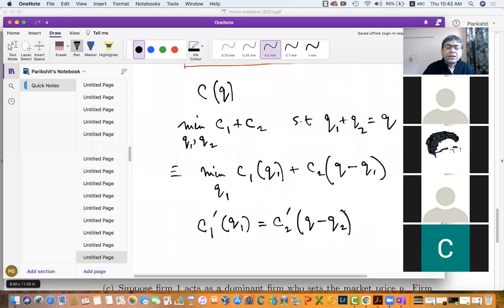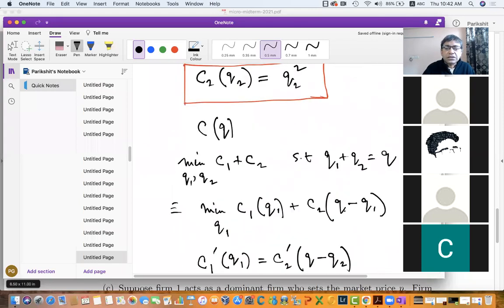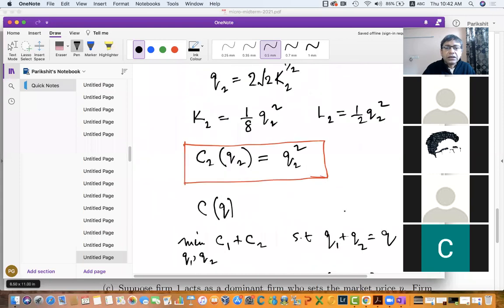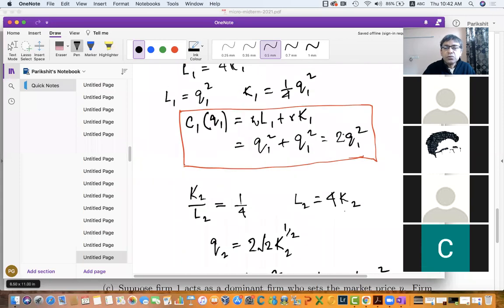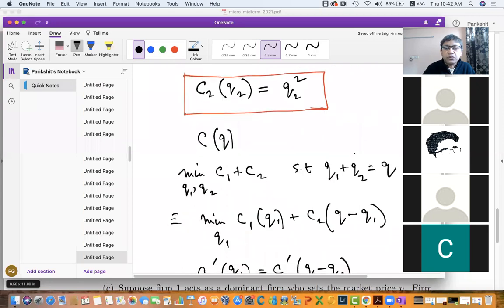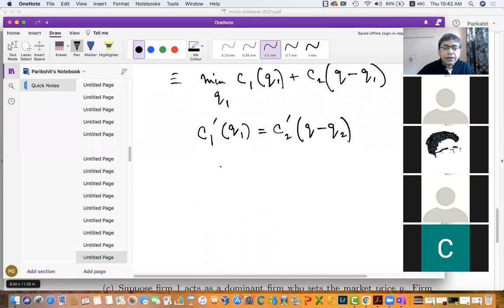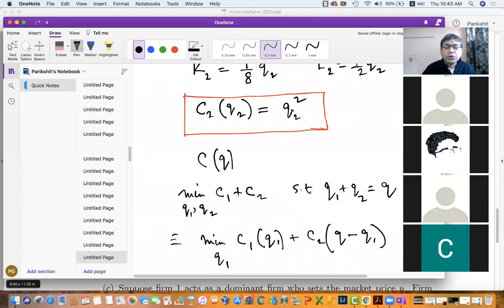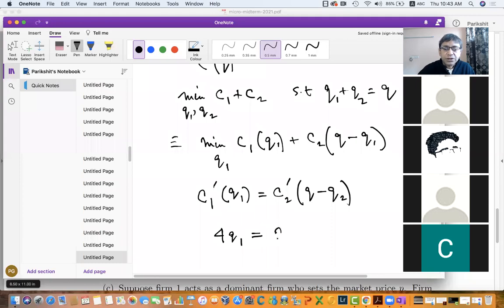So if you apply this equating of marginal costs in this example, C1 was 2 Q1 squared, so marginal cost is 4 Q1. And in factory 2, marginal cost is 2 Q2, which is 2 times Q minus Q1.